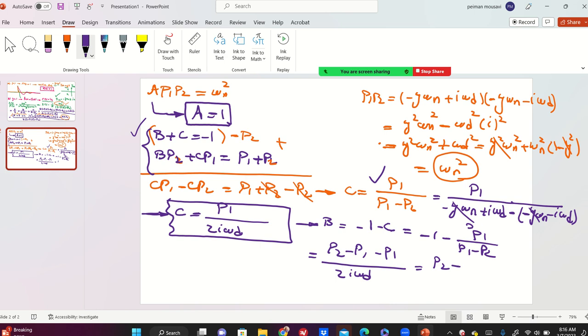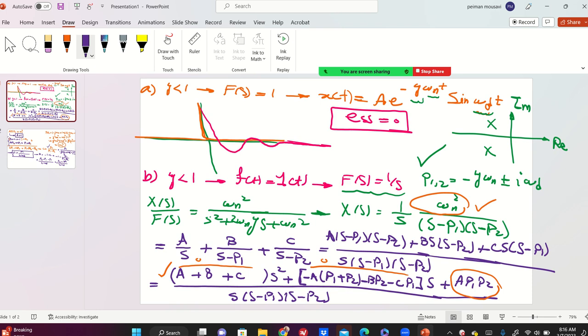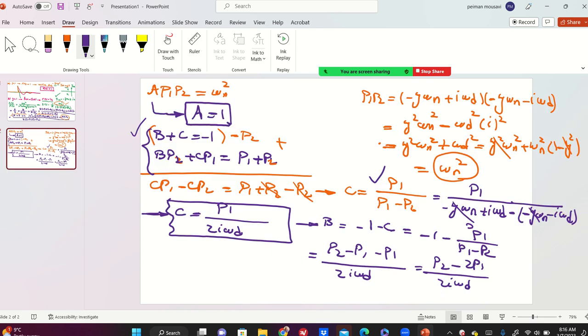So it's gonna be P2 minus 2P1 over 2I omega d. Okay? Clear? So now we have everything.